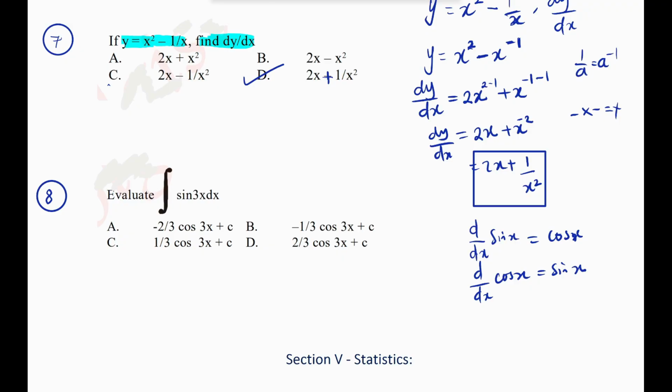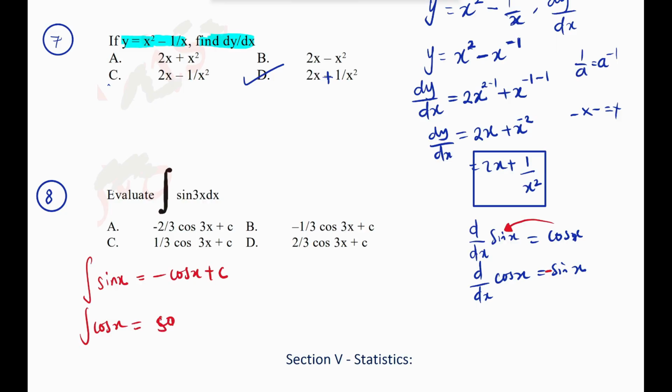Now integration is essentially the opposite of differentiation. So if you integrate sine x, what would you get? You will get minus cos x plus c. And if you integrate cos x, you basically go back to sine x. They're just like reverse of each other.